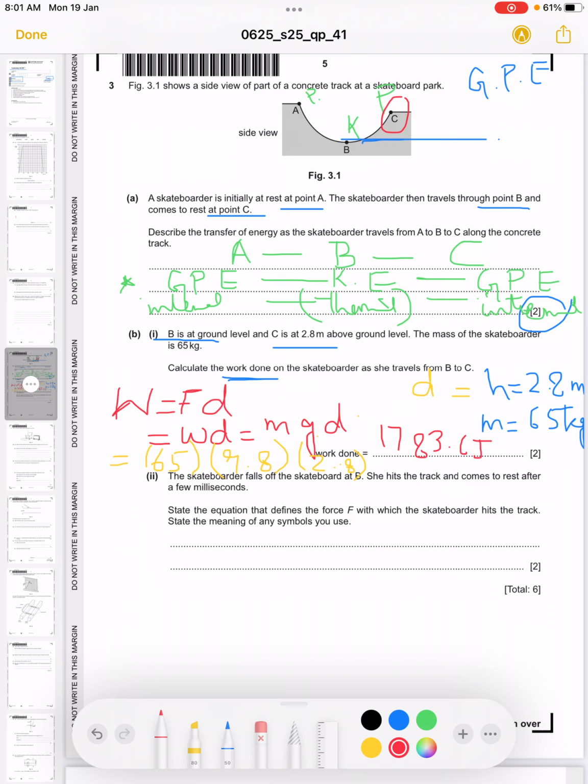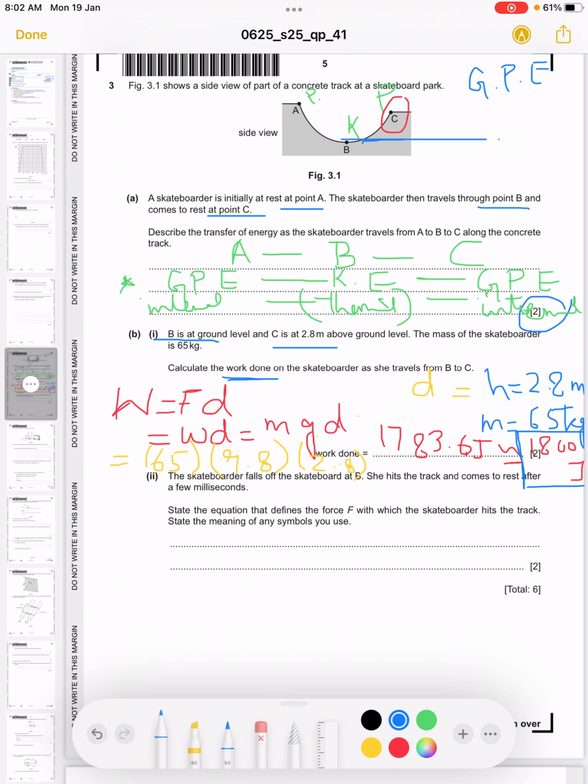And if you want to round off to the nearest 100, it will give you almost 1800 joules. We are rounding it off and it will become 1800 joules. So this is the answer for the first part.